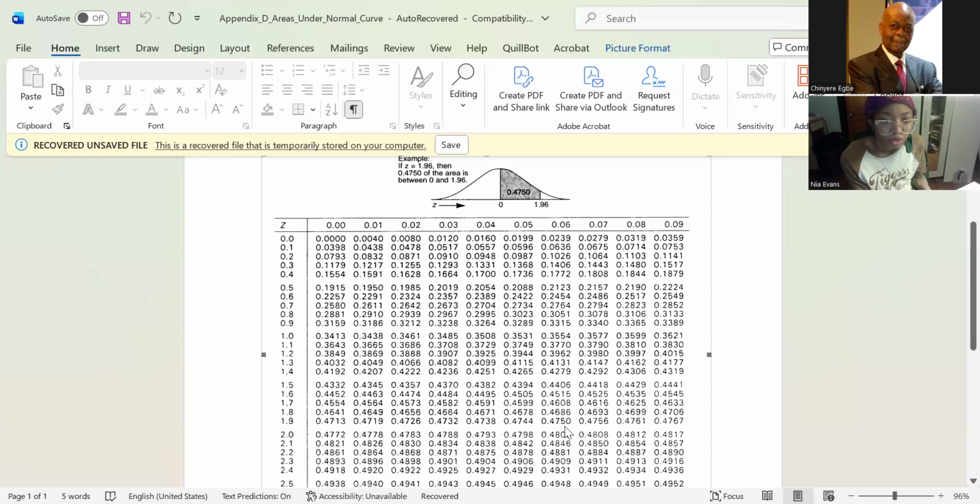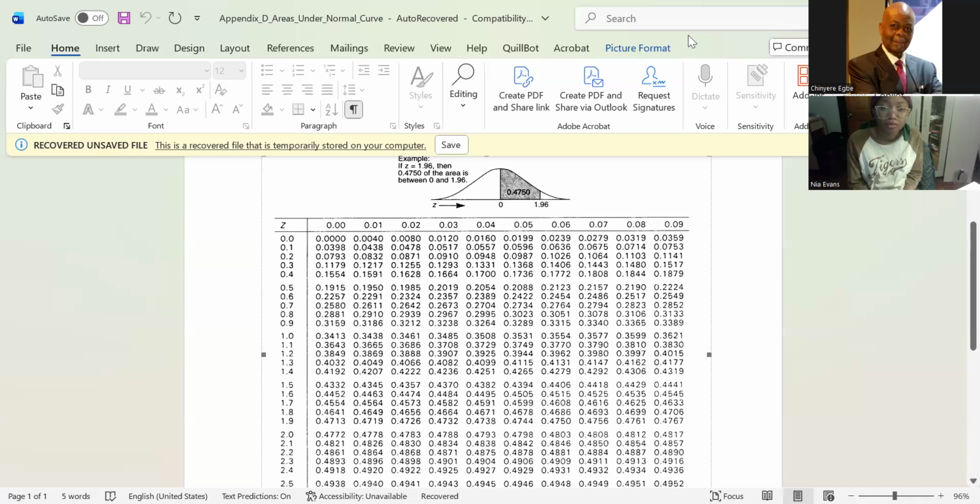It would be between 1.9 and 0.06. That's correct. So that means you're looking at 1.96. The z value will become 1.96. That's correct.